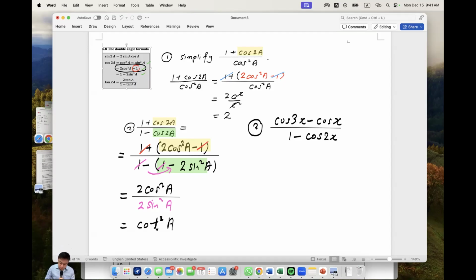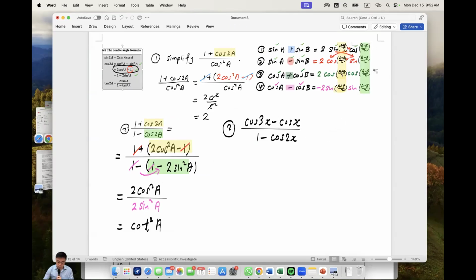Okay. This question is a combination of the sum to product rules and the double angle as well. Right. Okay. What is it? Okay, so the cosine 3x minus cosine x is what? Minus 2 sine, am I right?